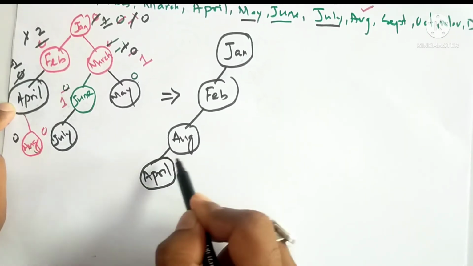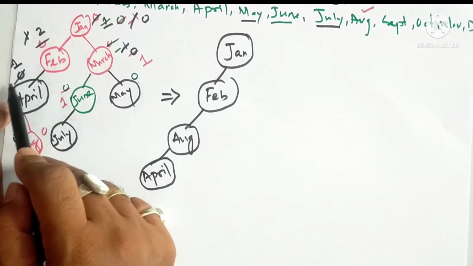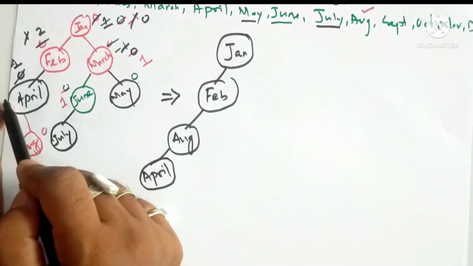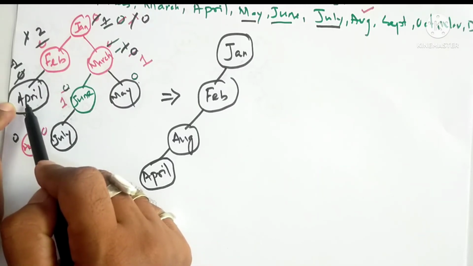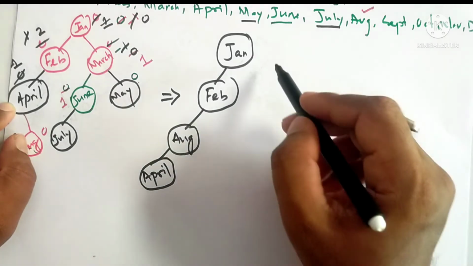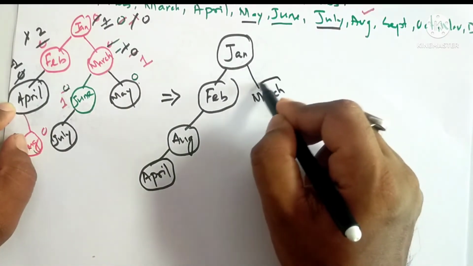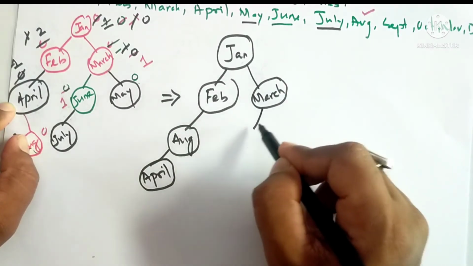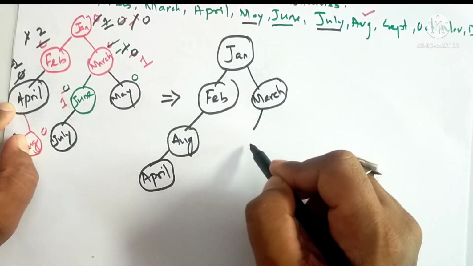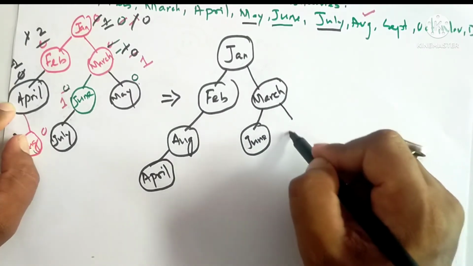I'll apply the anti-clockwise as per your LR rotation. The first rotation will be done here in the anti-clockwise. So August goes to the April position and April becomes the left child of August. February is at Z. Then I am writing here March. The remaining nodes I kept as they are. Then this is your June. This is your May.